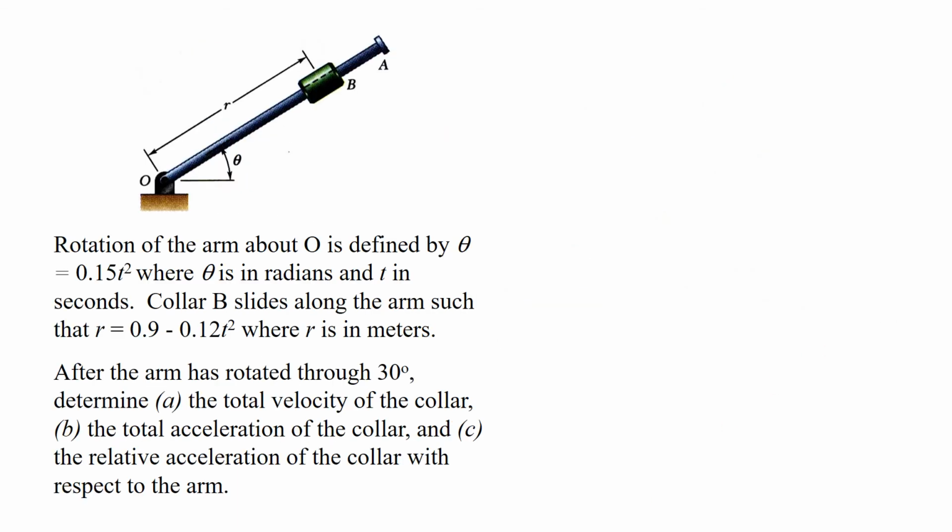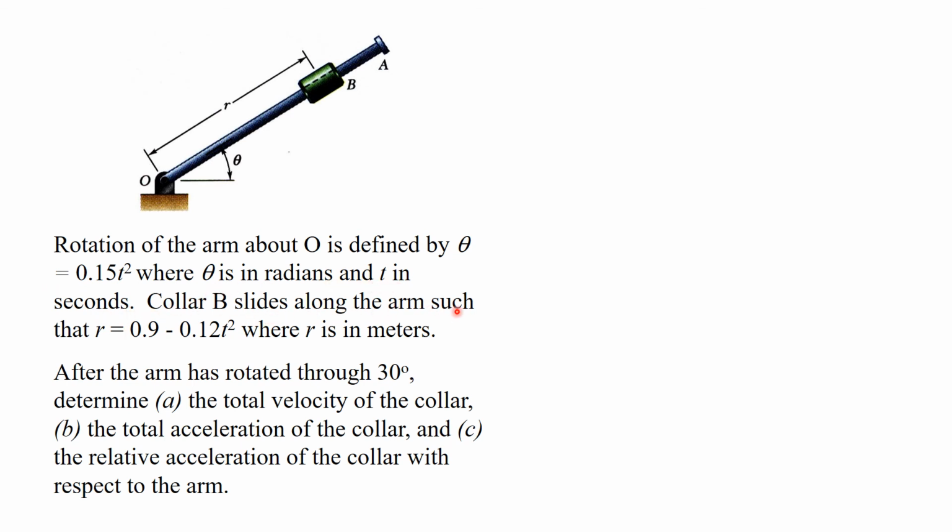Our last example, here's an example where we have the radius is changing and the angle is changing. This is kind of the worst case scenario. Let's read through the problem statement. Rotation of the arm about O is defined by, so they're giving us an equation for how the angle is changing with time, where theta is in radians and t in seconds.